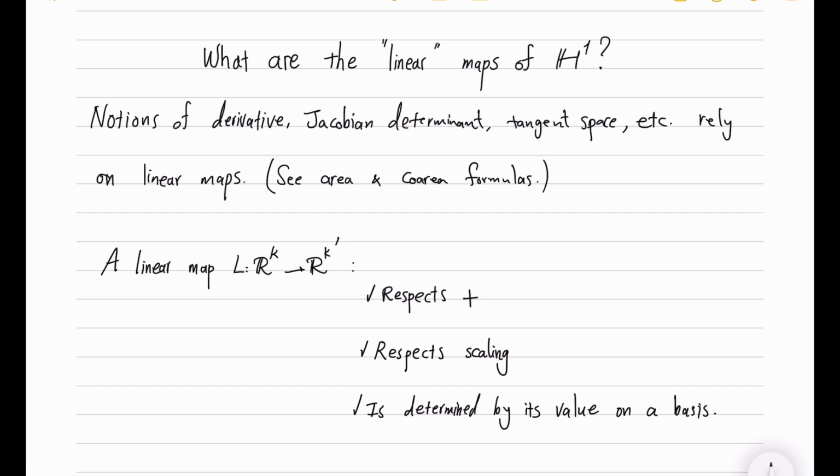Then we use this linear map to define the Jacobian determinant at a point, and we use that in the formulation and proof of the change of variables formula, area formula, and coarea formula, depending on the dimension and codimension. The derivative of a map between two manifolds is a linear map between their respective tangent spaces, and so on. So you can see the importance of linear maps in analysis.